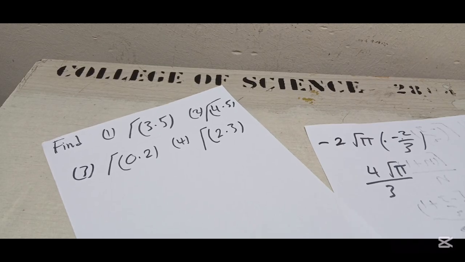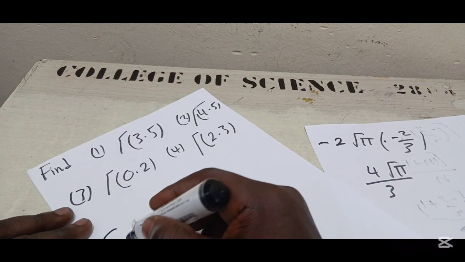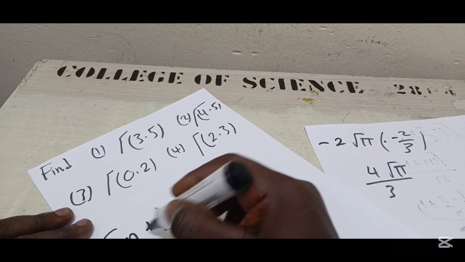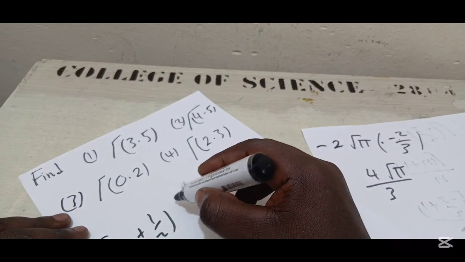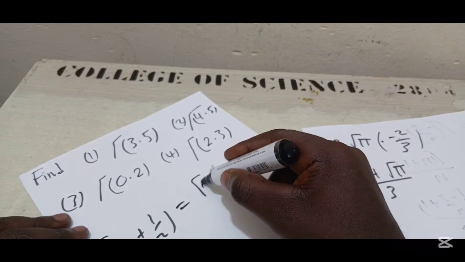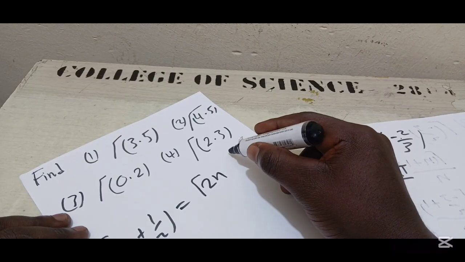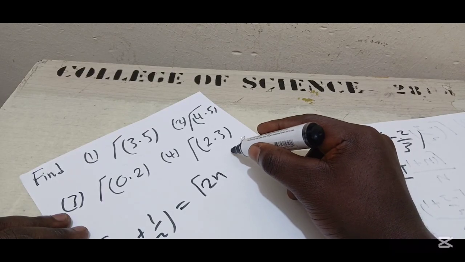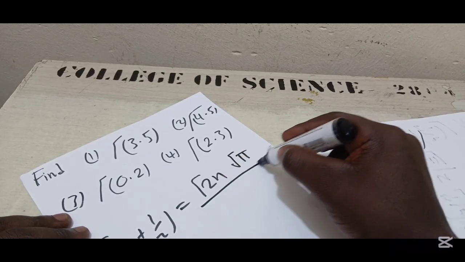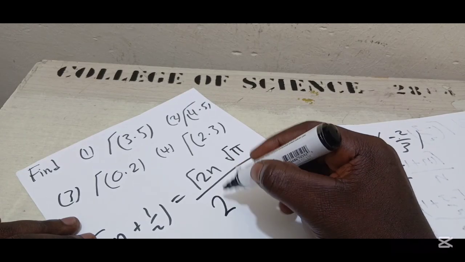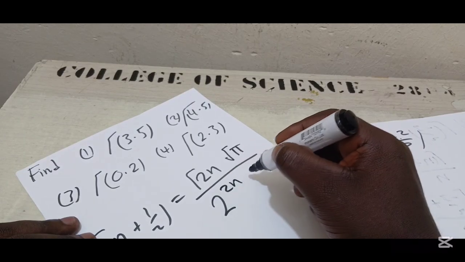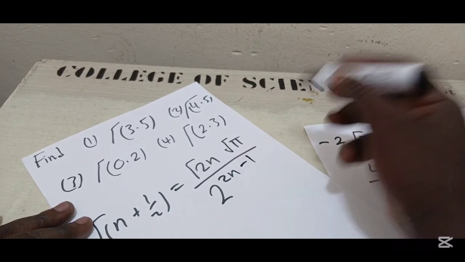And this formula is gamma n plus half should give us gamma 2n root pi all on 2 to the power 2n minus 1.